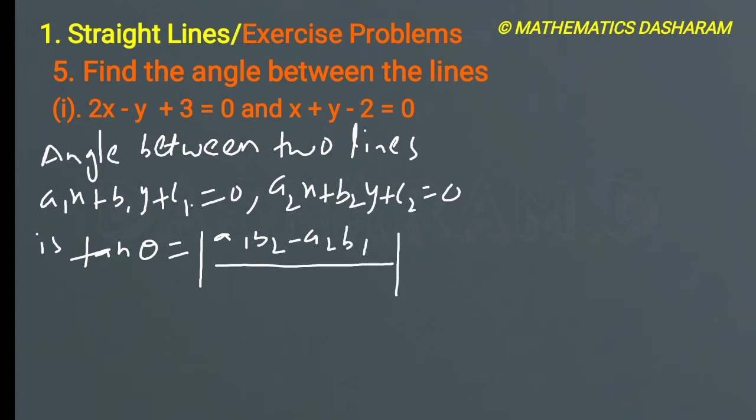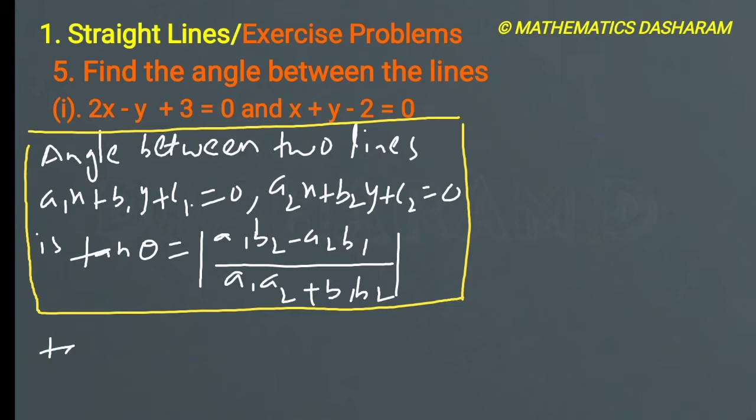a1 a2 plus b1 b2. So tan theta equals a1 b2.